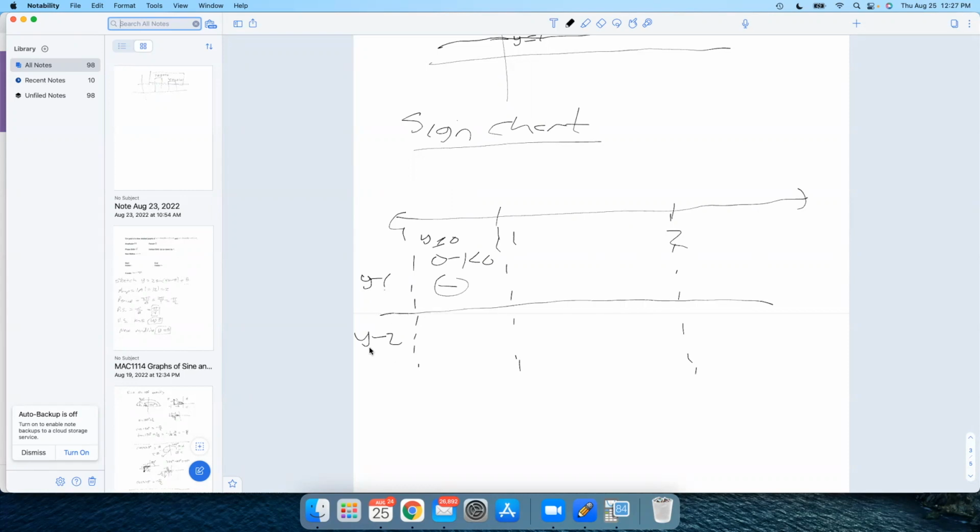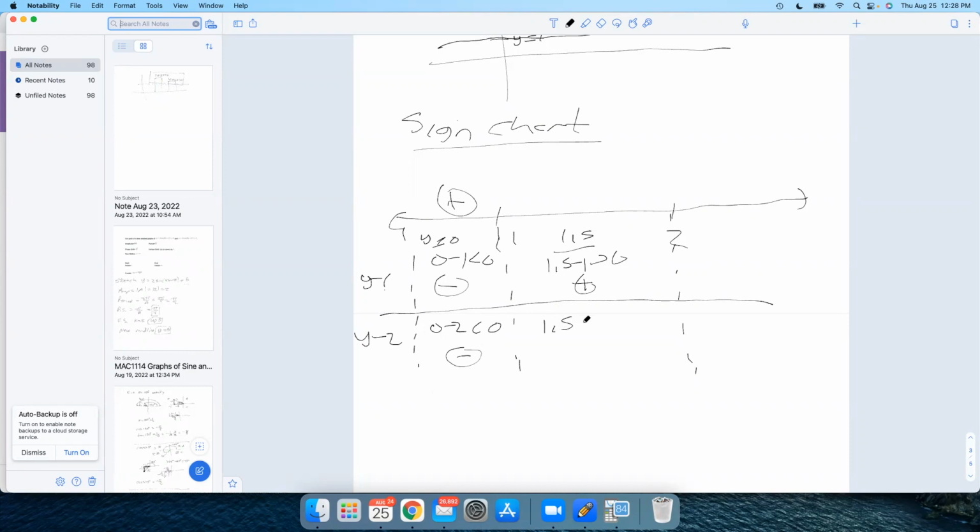What if I plug in 0 here? 0 minus 2 is also negative. A negative times a negative is a positive. Okay, what if I plug in a number in here, say 1.5? 1.5 minus 1, that's 0.5, that's positive.